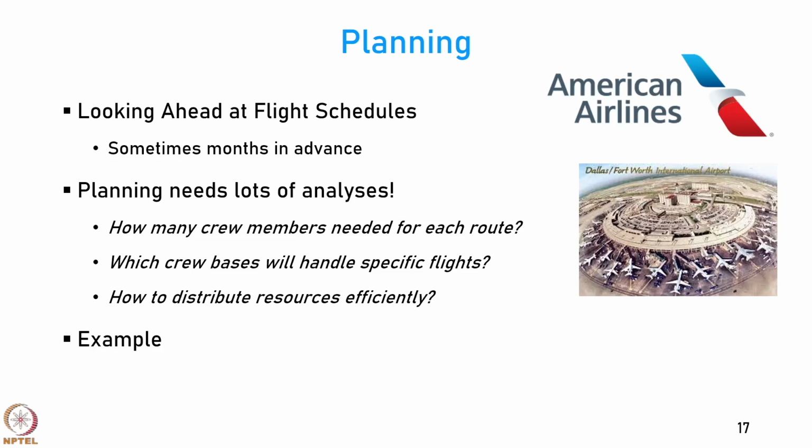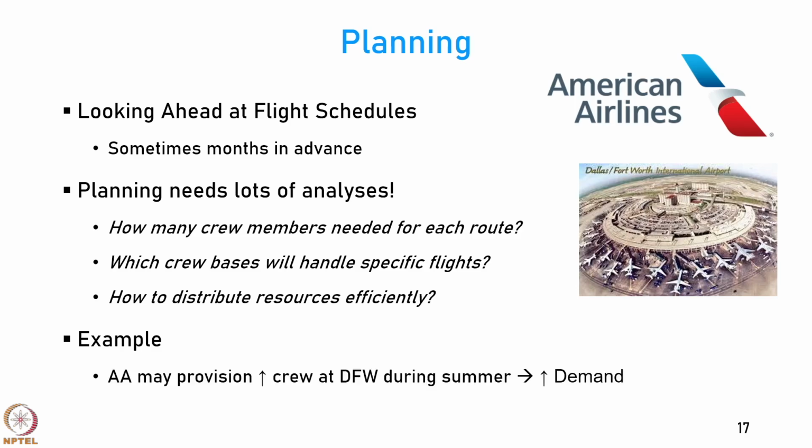Here is an example of planning. American Airlines is a very popular airline in the US, and one of their hubs is the Dallas Fort Worth International Airport, DFW. Now this airline may position a much larger number of crew members at Dallas Fort Worth during summer, because they expect a lot of demand in summer.